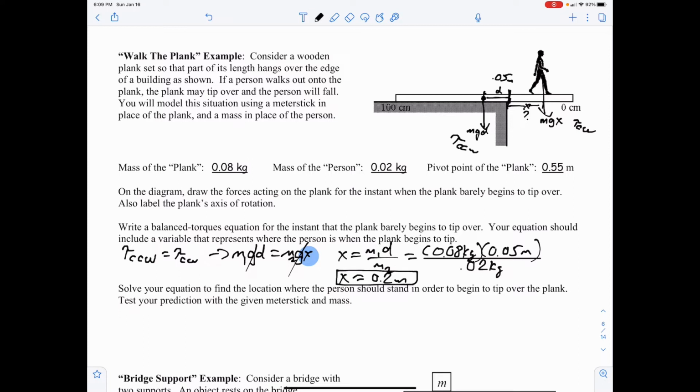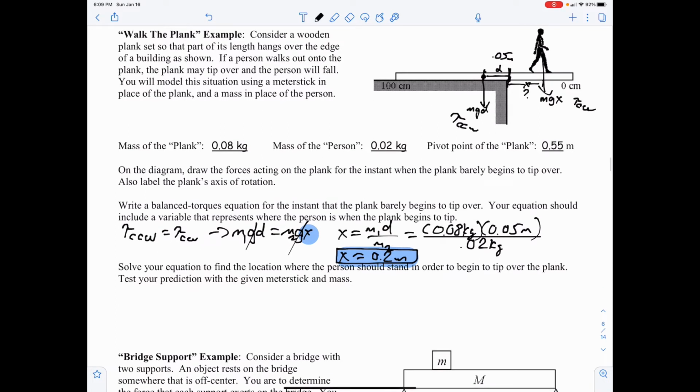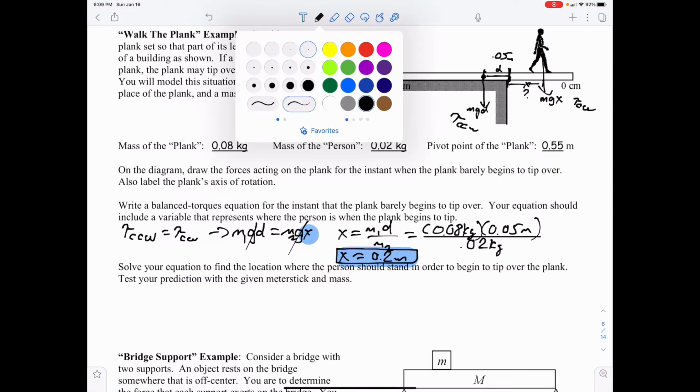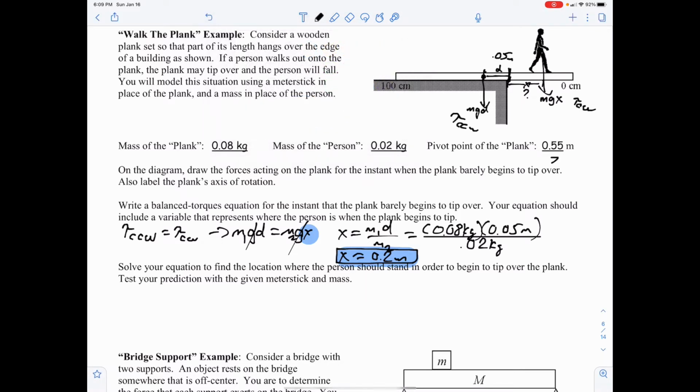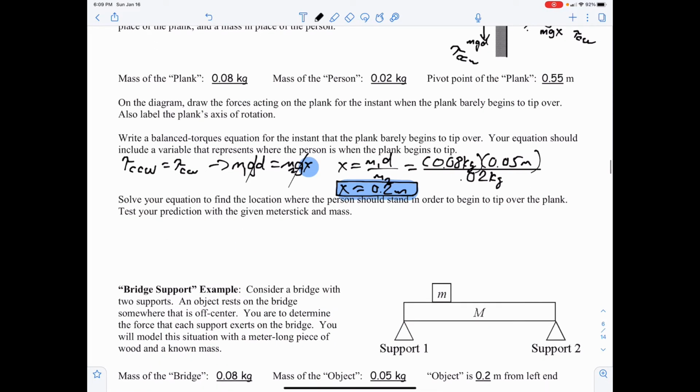And the person can walk out a maximum of 0.2 meters, or essentially, if the edge is at the 55 centimeter mark, they can go no more than 0.75 or it'll tip over. That's 0.20 meters beyond the pivot. We'll try it in class and see how the prediction holds.